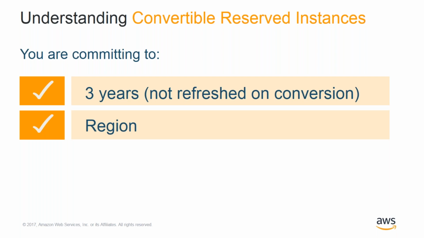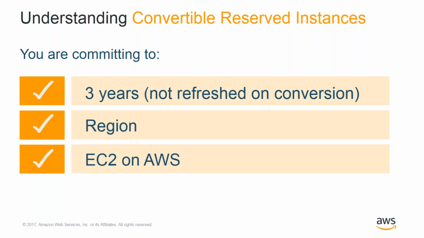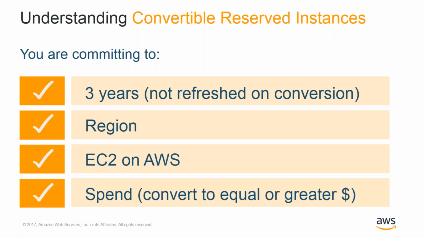You are committing to a specific region, Sydney, for example. You are committing to EC2 on AWS, of course. And finally, you're committing to a level of spend. When you do the conversion, if you convert upwards to higher spend, it'll ask you for a true-up value. And if you convert downwards to a lower spend, it'll actually give you more reserved instances to maintain the level of spend.